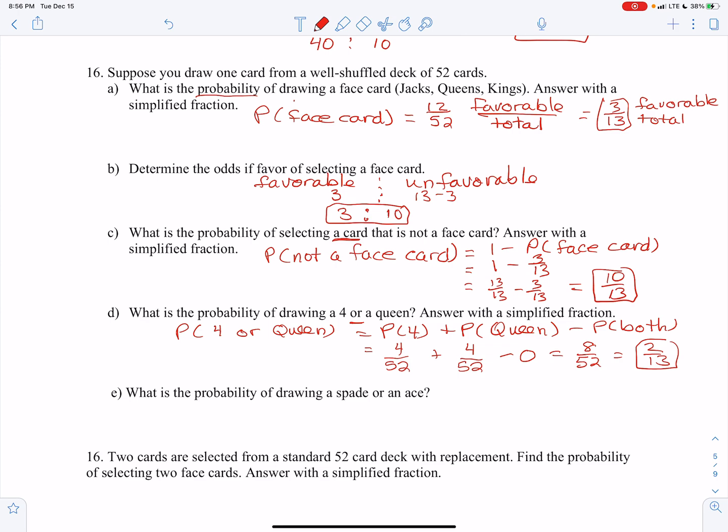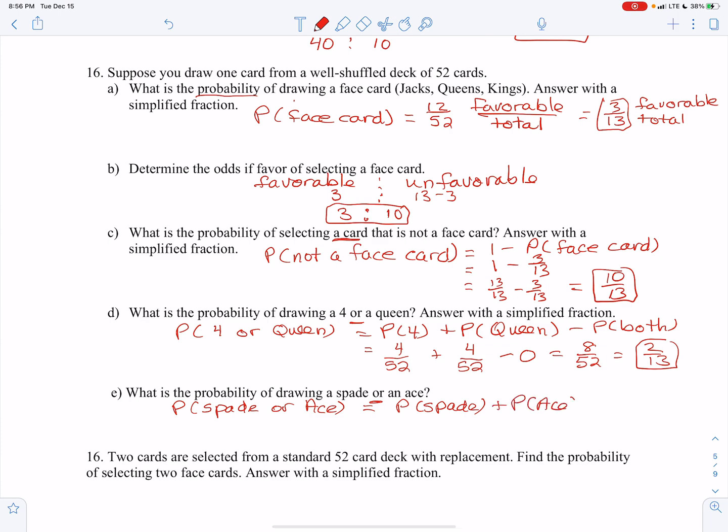So we want to know what's the probability of drawing a spade or an ace. So that "or" always tells us to add. So we're using the addition formula. It would be the probability of getting a spade plus the probability of getting an ace.